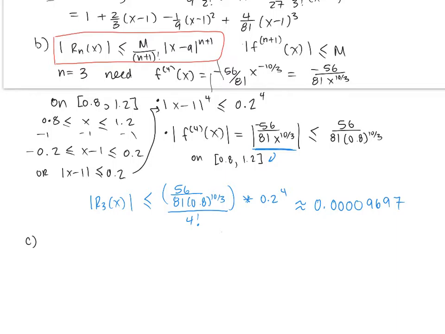Okay, and so let's compare the two now. That's what part C says, right? Compare the approximation and the exact value. So the exact value is 0.8 to the 2/3 power, which if you calculate it comes out to be 0.861773876.